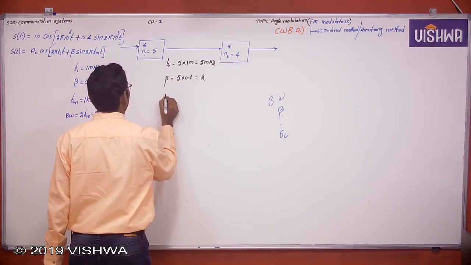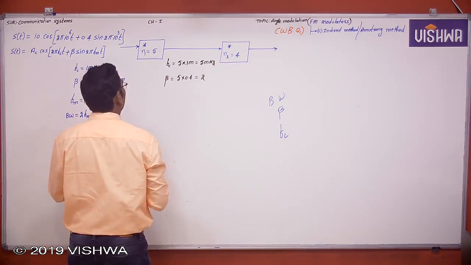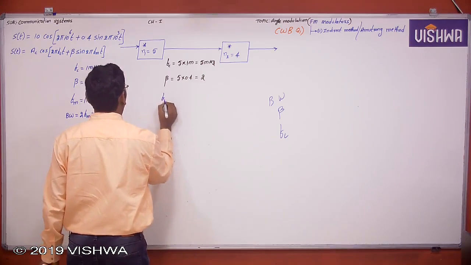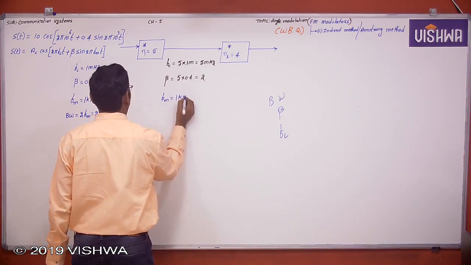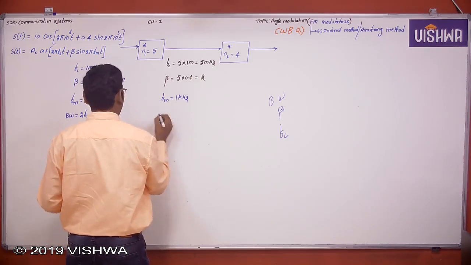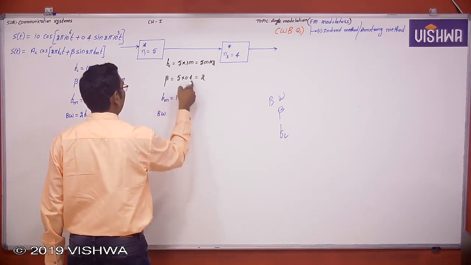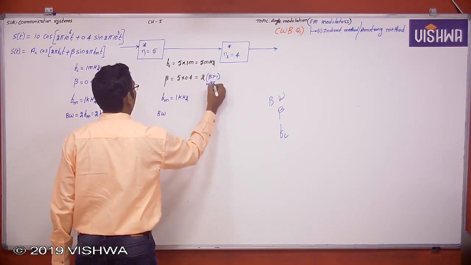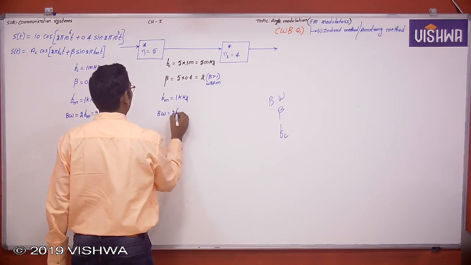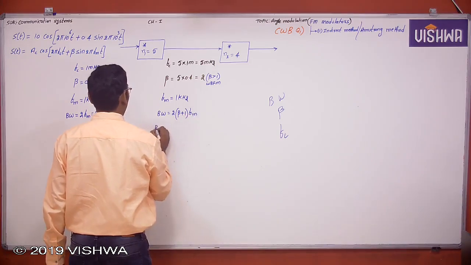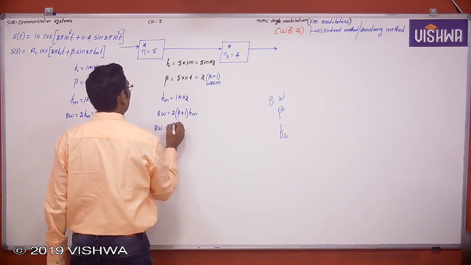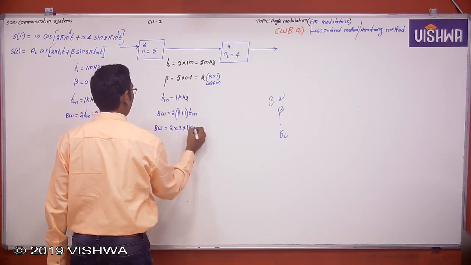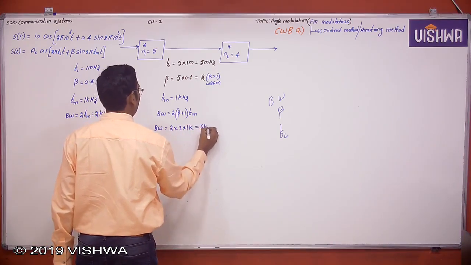The message signal frequency is not affected in the frequency multiplier, it is the same 1 kilohertz. The bandwidth is also changed, because now beta is 2, which is beta greater than 1, wideband FM, equal to 2 into beta plus 1 into FM. Therefore the bandwidth is 2 into 2 plus 1, 3, into FM which is 1 kilohertz. Therefore 6 kilohertz is the bandwidth.